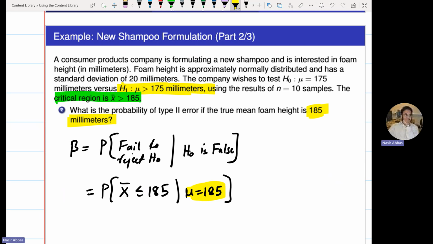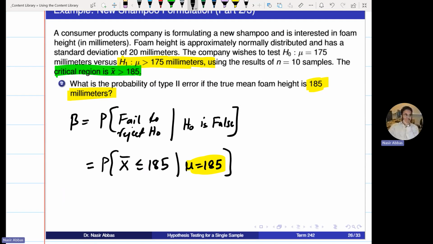H naught is false. Mu is not 175. It is 185. Can you solve this expression? Very simple, chapter 7. This is probability of x bar less than or equal to 185, so (x bar minus mu) over sigma over root of n, which is 185 minus 185 over 20 over square root of 10.